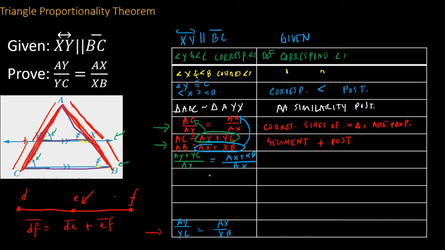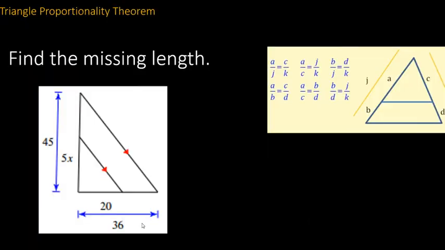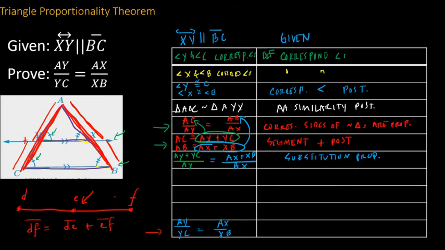I'm allowed to do that because of the substitution property of equality. Now, let's continue here. Notice that I've got AY plus YC over AY equals AX plus XB over AX.